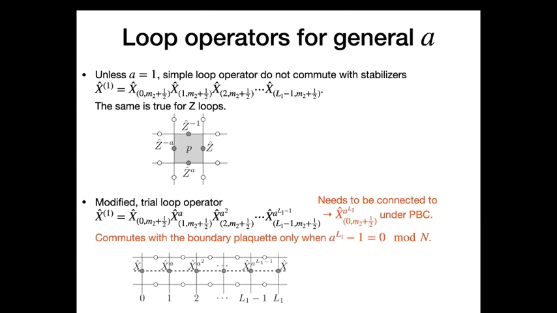So far, what was important was loop operators. But when A equals 1, I can just use the Wilson loop operator. But that is no longer the case. If you have parameter A here, then this operator does not commute with this bracket operator.